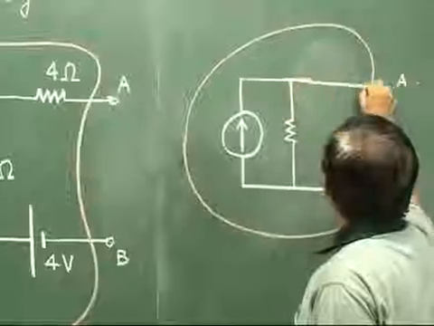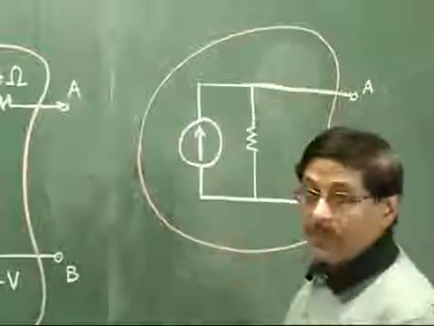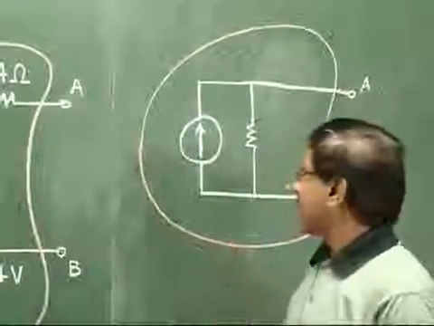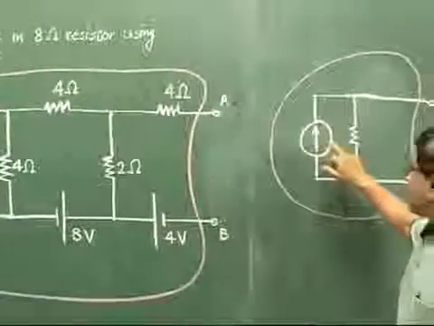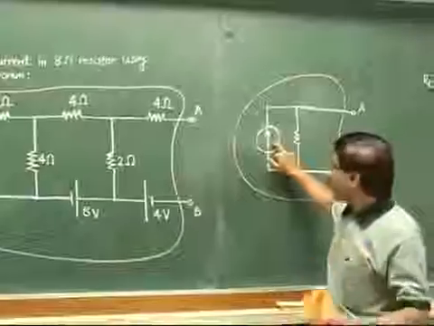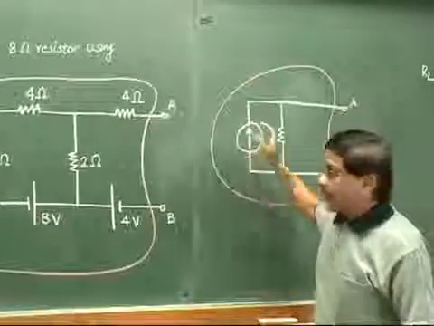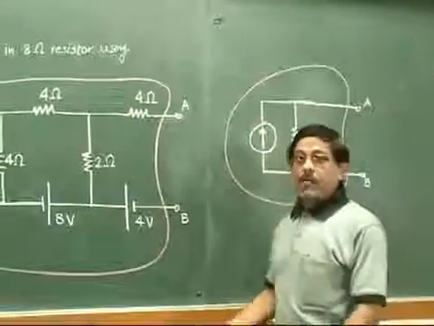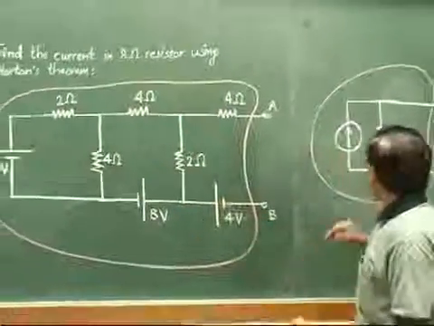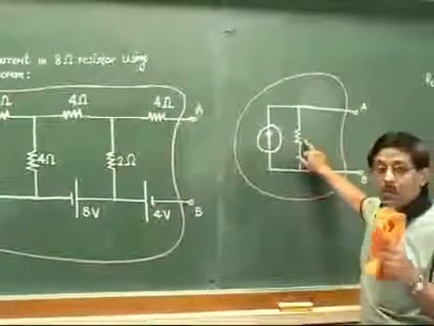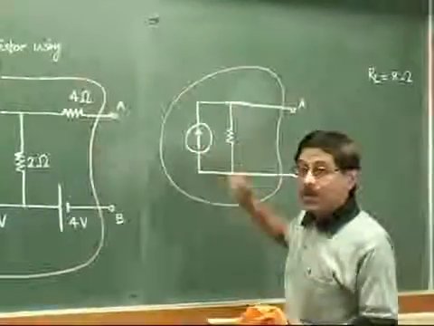This is the central idea of Norton's theorem. Norton suggested that we have to convert this entire circuit into a single equivalent current source, to be shown like this. And we have to represent the entire passive network in terms of some resistance which is to be shown parallel to the current source.